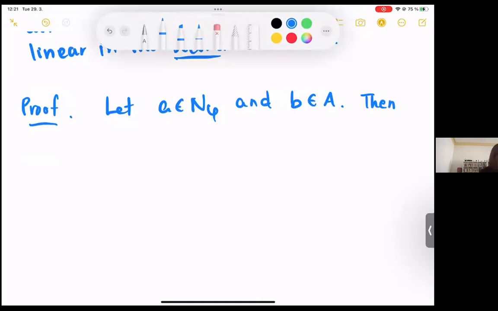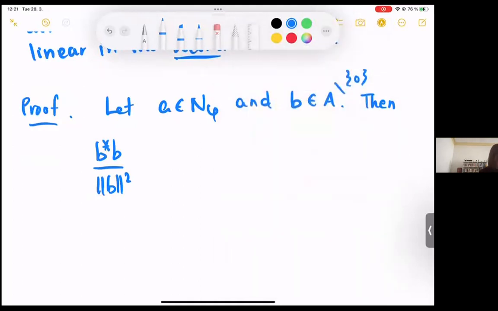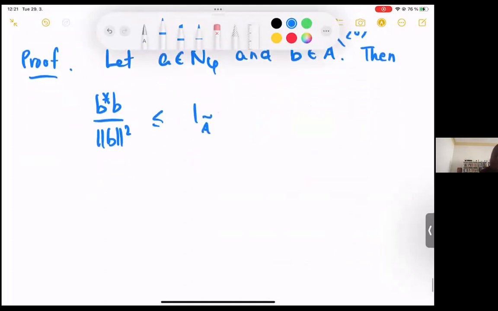Okay, so B star B, that's a nice positive element. Let's divide by its norm if it's non-zero, which we might as well assume it to be. Then this is a positive element less than 1_A tilde.